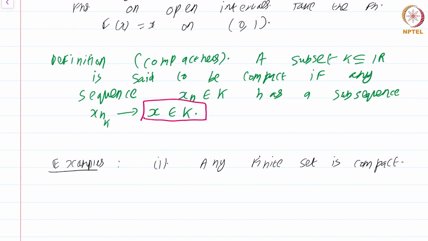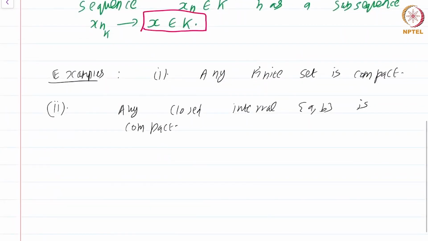Example 2. Any closed interval [a, b] is compact. Why is this the case? Take x_n in [a, b]. Now [a, b] is a bounded set.